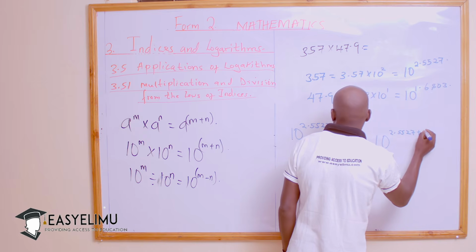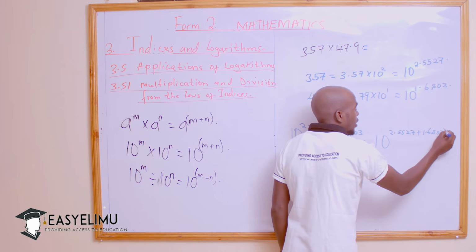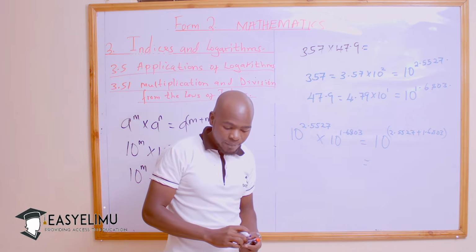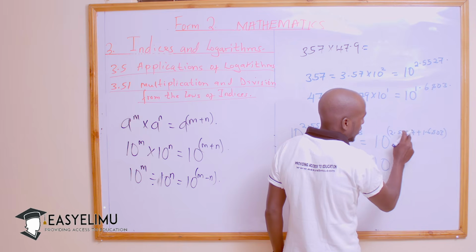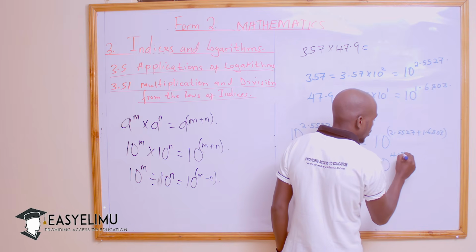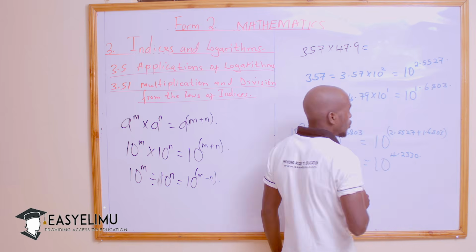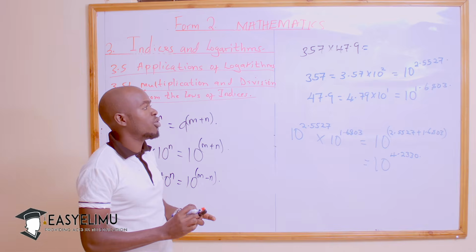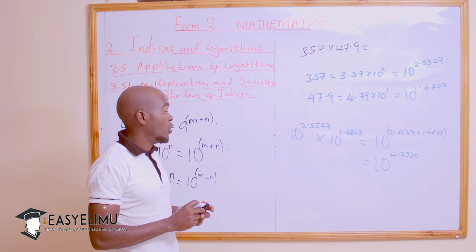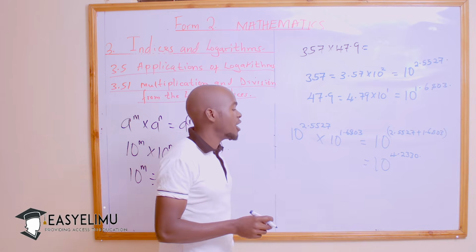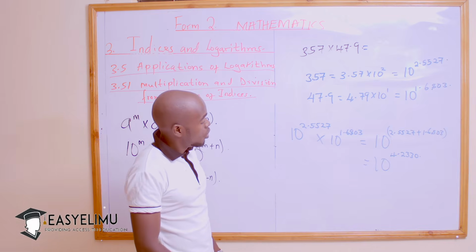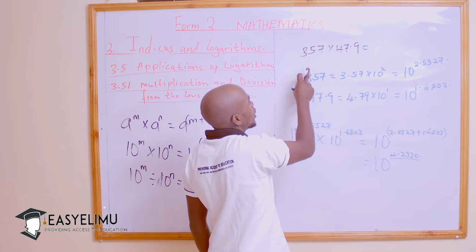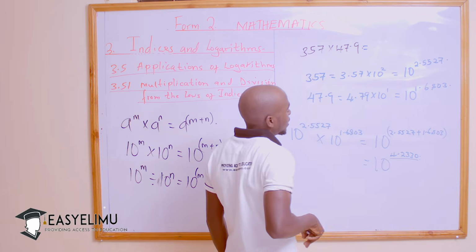And if we work it out, what do you get? You are going to find 4.2330. That is what you find if you multiply using the law of indices, and that is the first law. So this is the answer there. But if you go back, what do you find? You will find that this is the logarithm of the value which you will find if you multiply the two numbers directly.